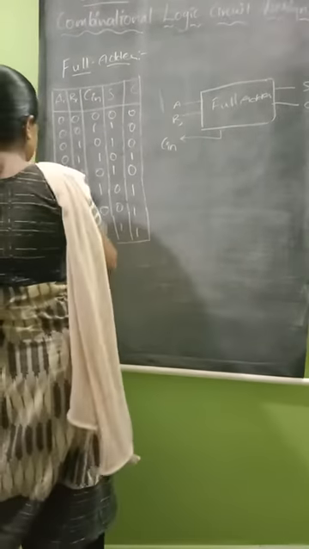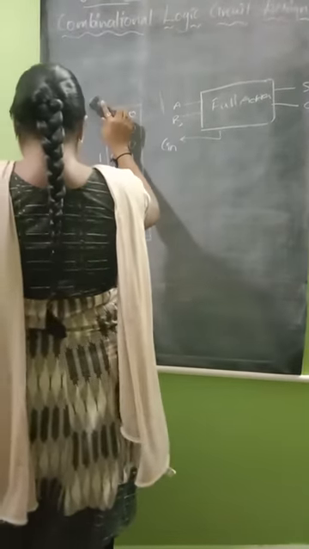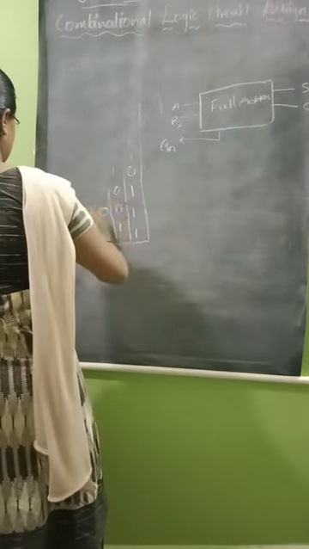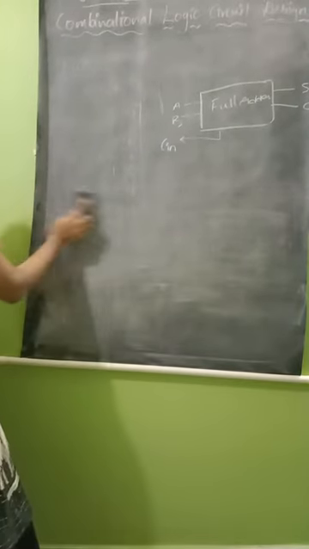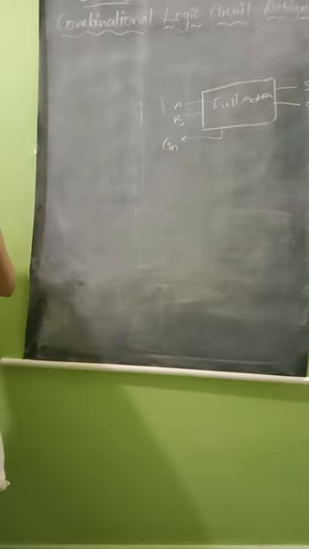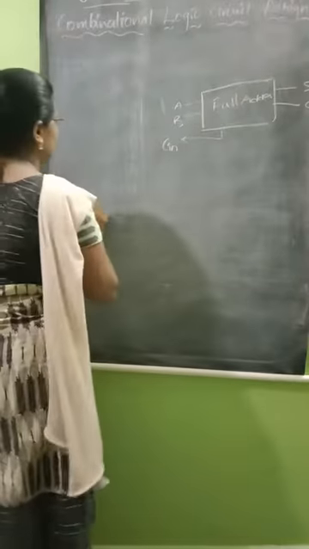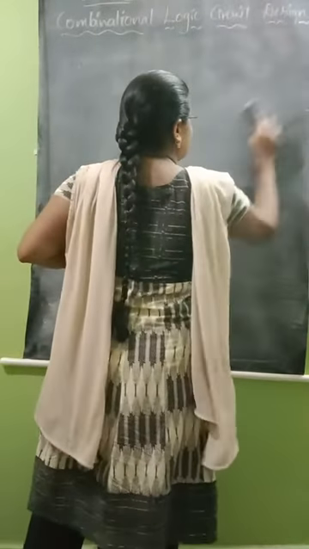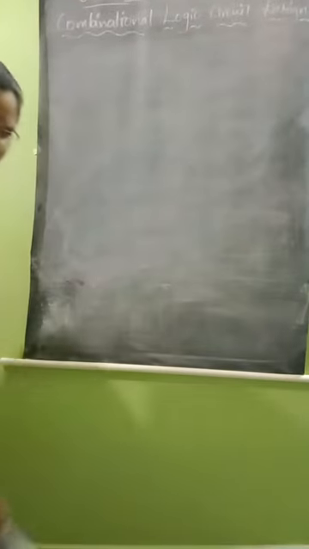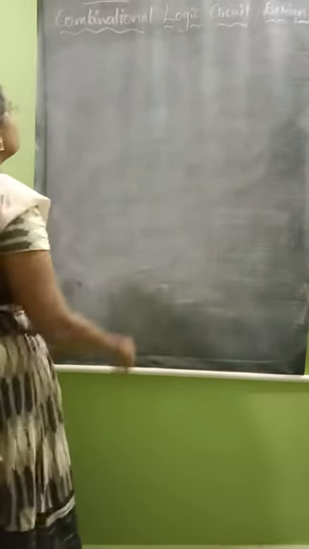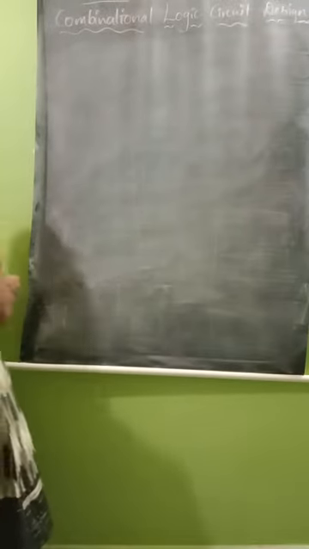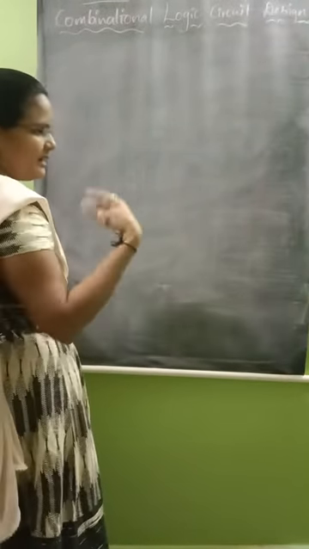From the truth table of the full adder, we can produce the correct sum and carry.